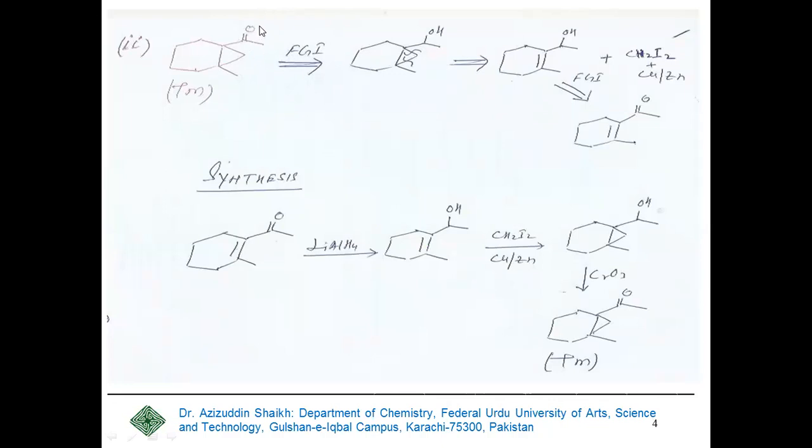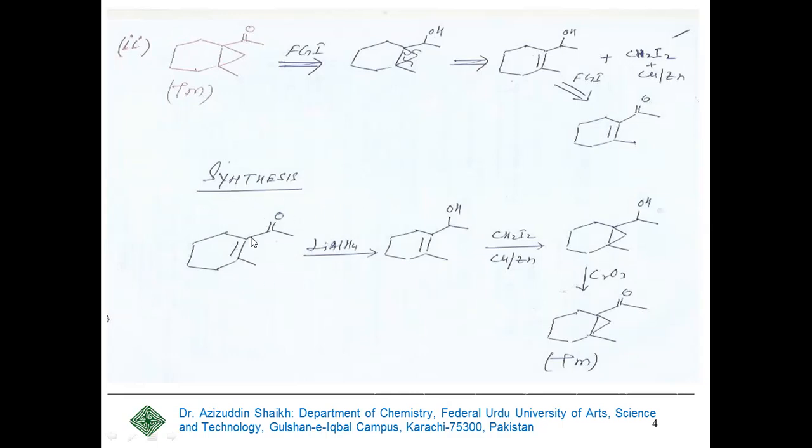The carbonyl group is converted into a hydroxyl group by reduction, and cleavage of two bonds. This is the cleavage of cyclopropane into an alkene, and this is the carbene. And again, the FGI: the OH is converted into a carbonyl group by oxidation. Now the synthesis.